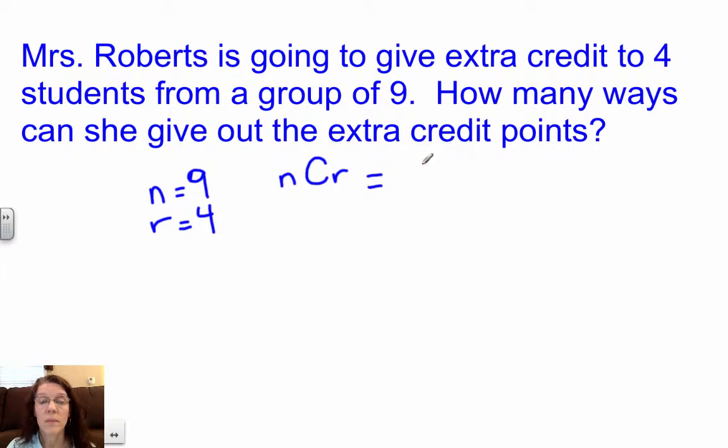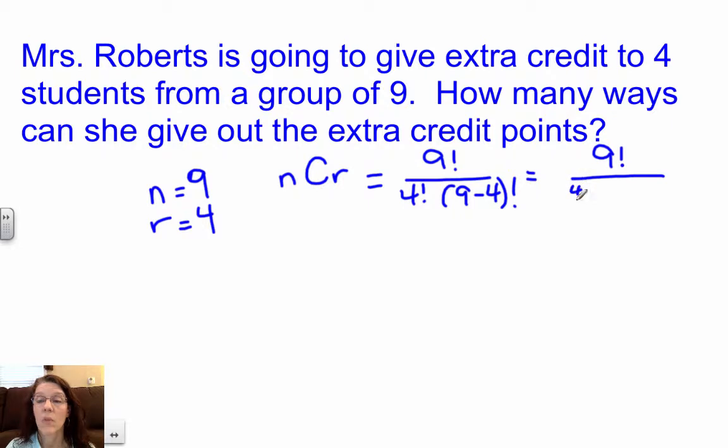Look at the formula. We get 9 factorial over 4 factorial times 9 minus 4 factorial, which is 9 factorial over 4 factorial times 5 factorial. Okay?